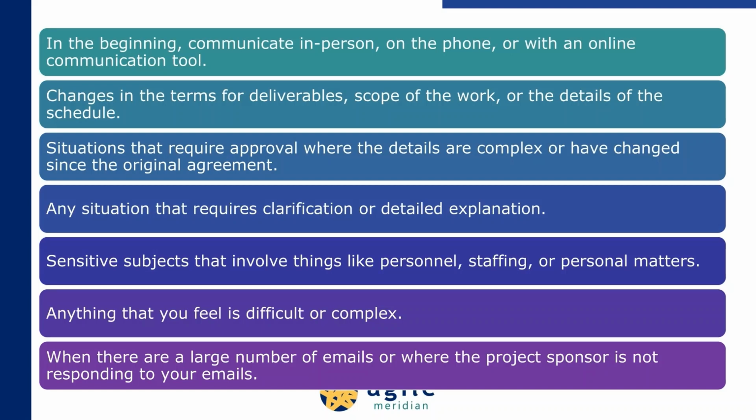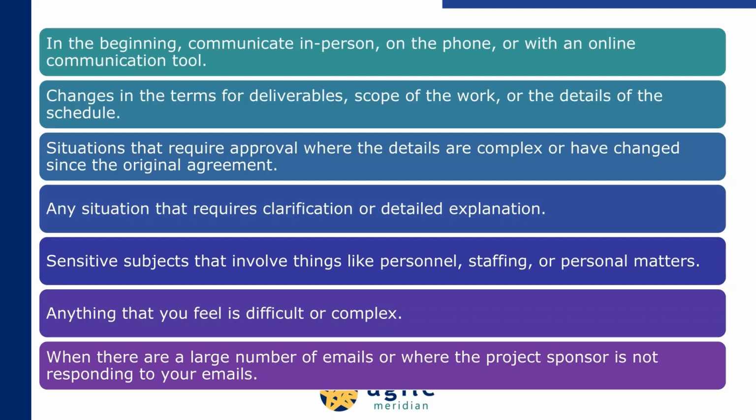Also call for changes in the terms for deliverables, scope of the work, or the details of the schedule. Situations that require approval where the details are complex or have changed since the original agreement. For simple or small changes, email is fine. Any situation that requires clarification or detailed explanation.